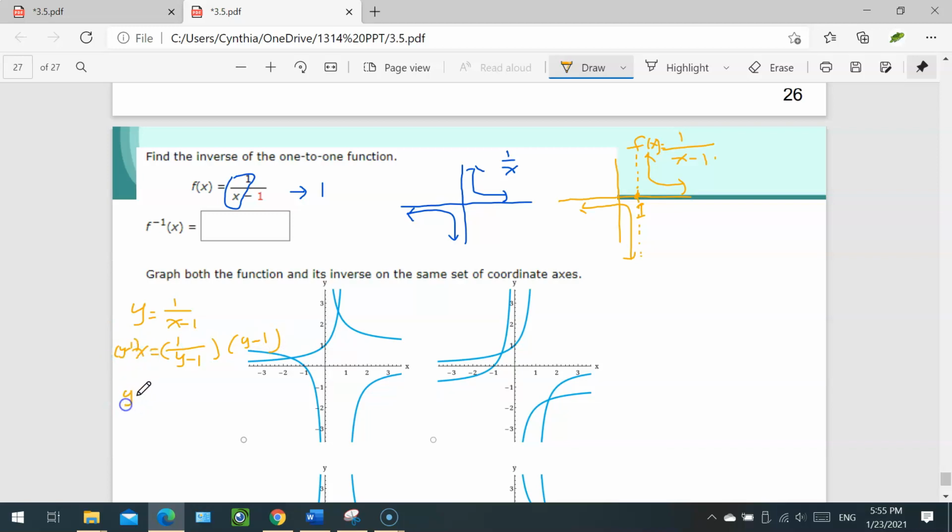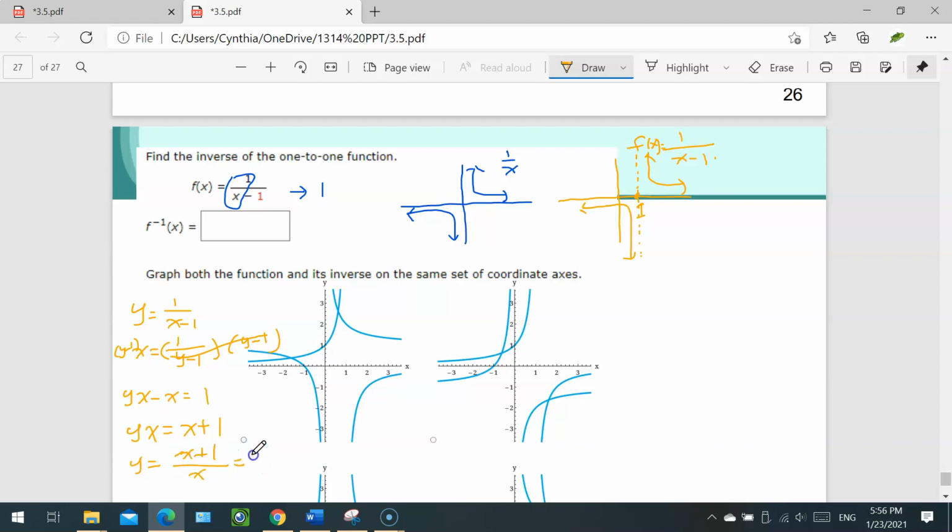You get y times x minus x is equal to 1, because these two cancel out. Now bring the x to the right hand side. You have yx equal x plus 1, my bad. So y is equal to x plus 1 over x.